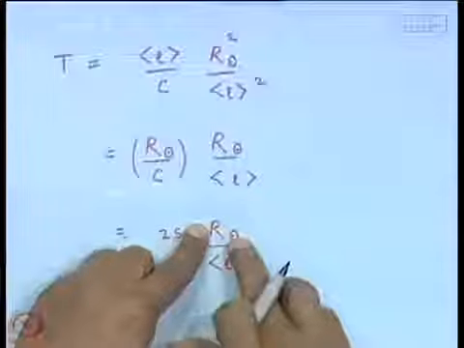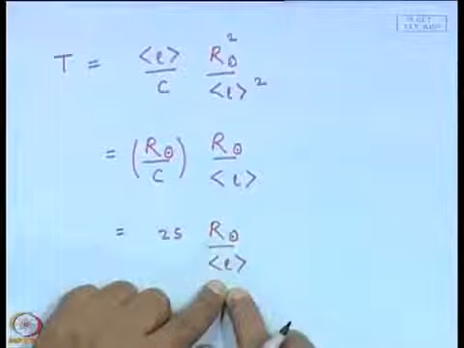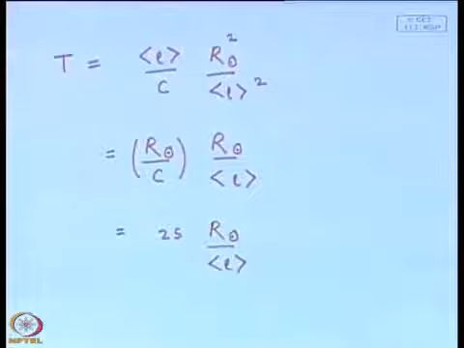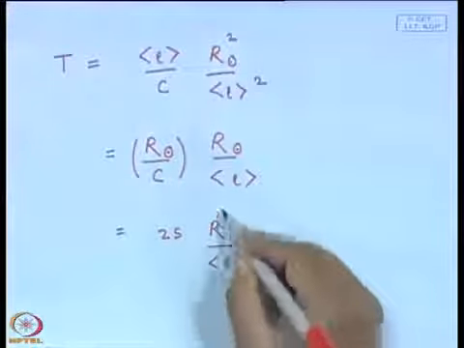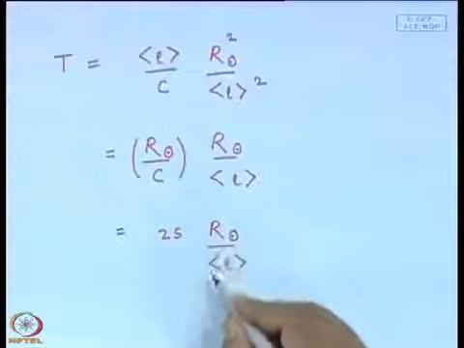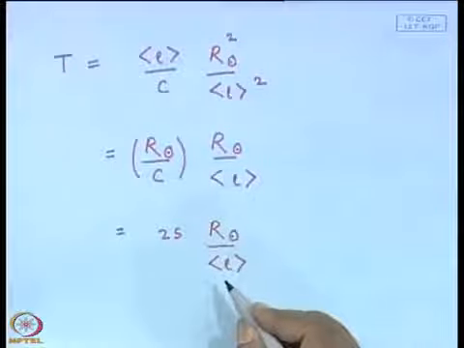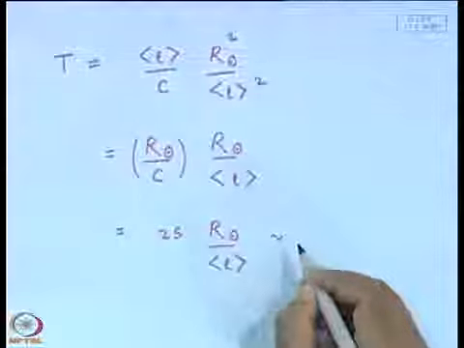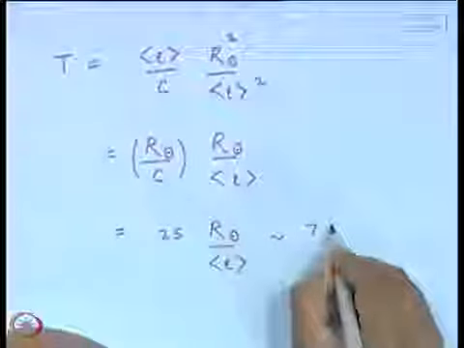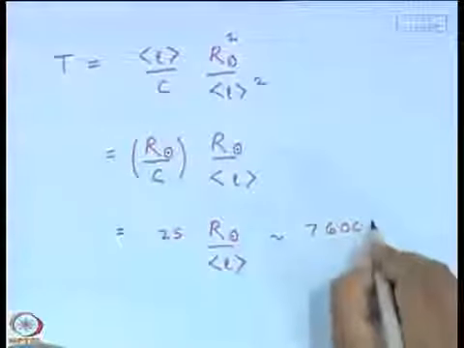As a consequence, it takes much longer, and the amount by which it gets increased is basically the ratio of the distance it has to cover to the mean free path. So, if you now put in these numbers, we know both these numbers, this comes out to be somewhere around 7,600 years.